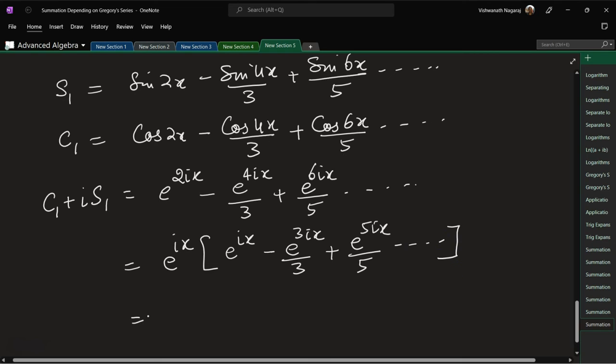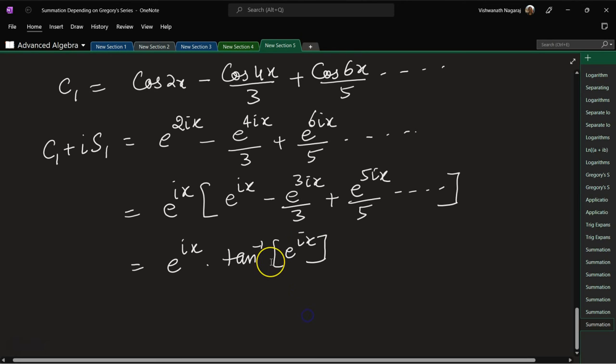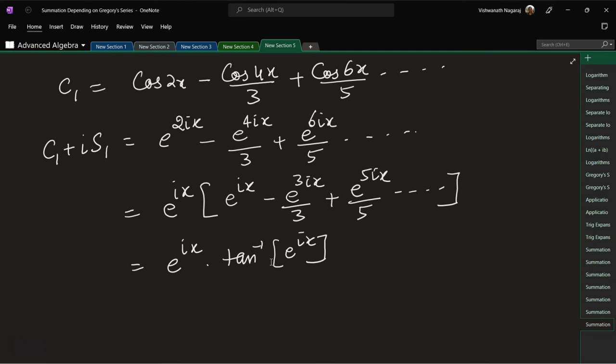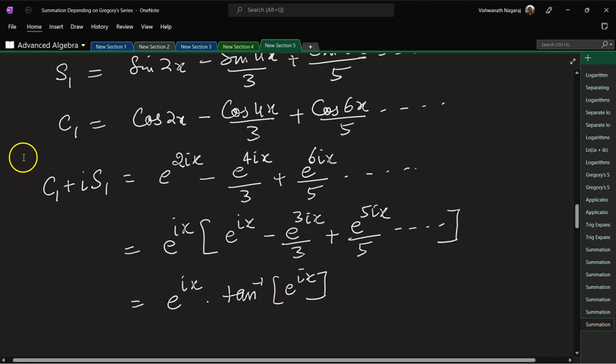Okay, so now this is your Gregory series. So we know what this is. This is going to be tan inverse of e to the power of ix. So that is the first series.